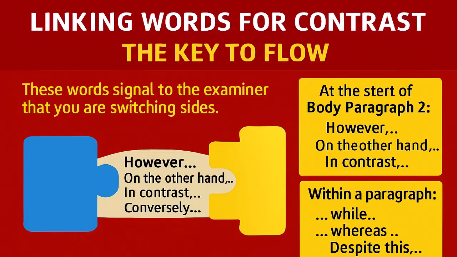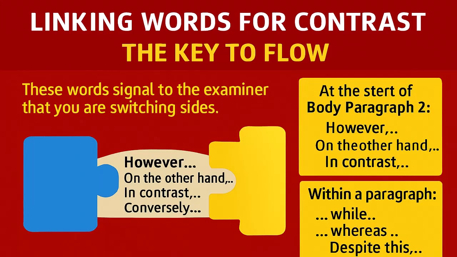To move smoothly from discussing one viewpoint to the next, you need powerful transition words. These are the glue that holds your essay together, and they are absolutely crucial for a high score in coherence and cohesion. The most important place you'll use these linking words is at the start of your second body paragraph.